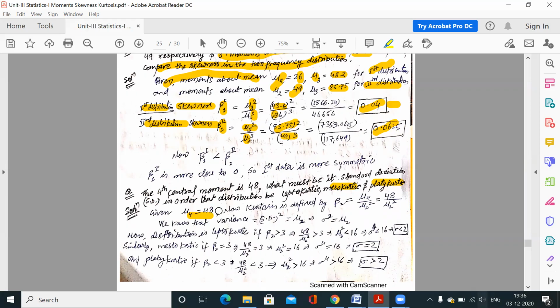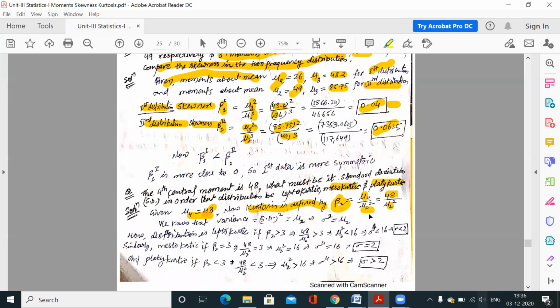So mu4 is given, that is 48. Now kurtosis is defined by beta 2, which is mu4 by mu2 square. We know mu4 is 48, so beta 2 is equal to 48 by mu2 square. Now we have to decide what the standard deviation should be to make it leptokurtic, mesokurtic or platykurtic.